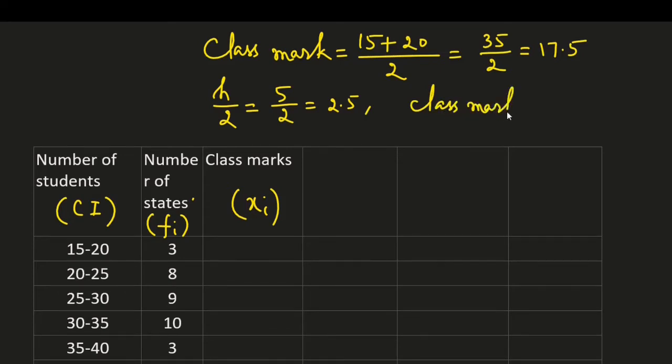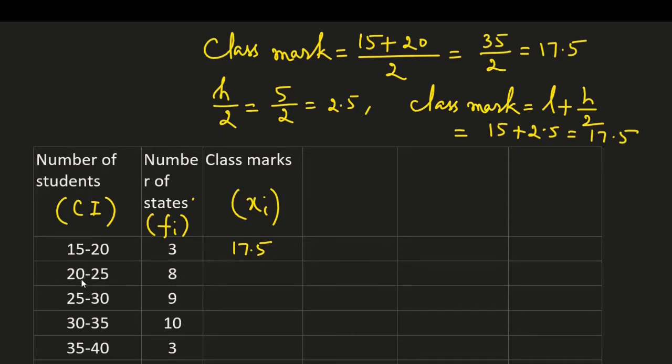So class mark is equal to lower boundary plus half of class size. Here it is 15 plus 2.5. We get 17.5. So the first xi value is 17.5.